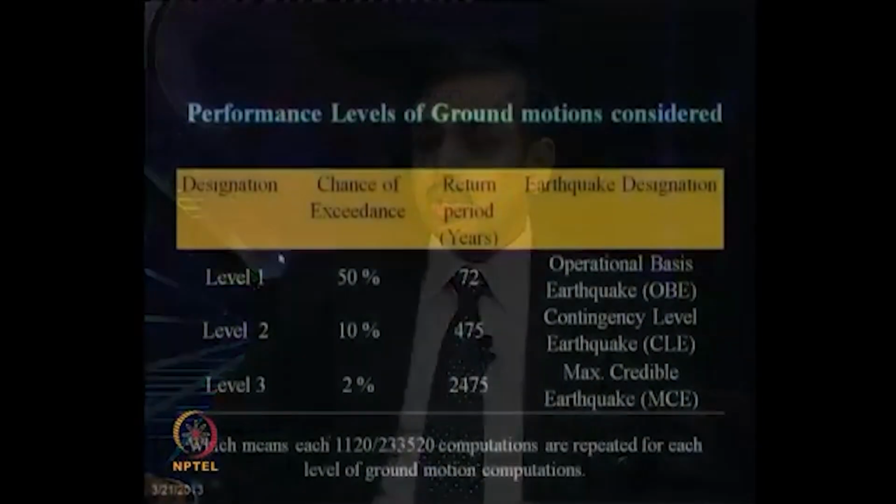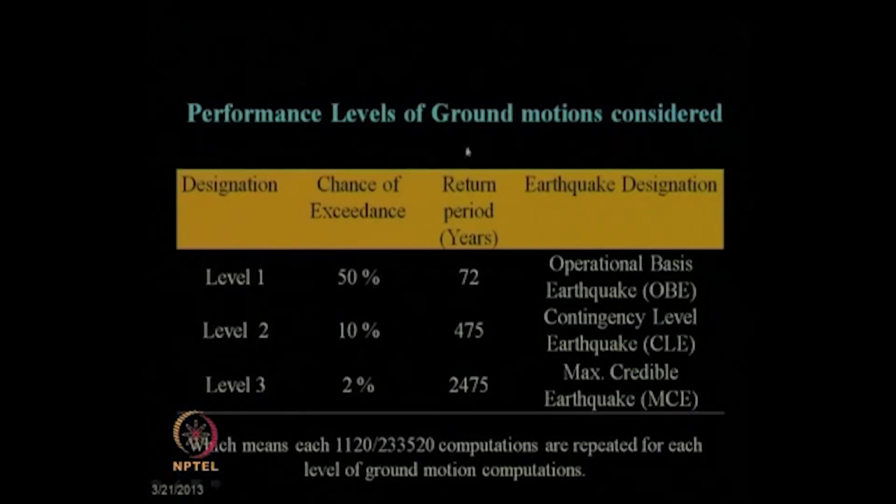Now, let us look at this table, which mentions the performance levels of ground motions considered. There are 3 designations commonly used worldwide and also in the seismic design codes of various countries, including the Indian code, which describe the performance level as level 1, level 2 and level 3. What does it mean?